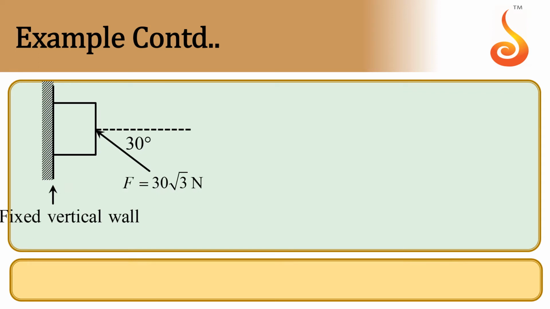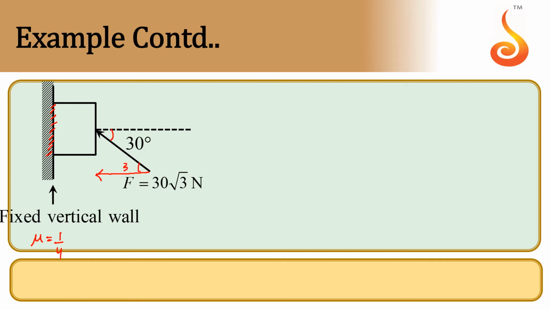So the μ value is given, which is 1/4, between the block and the surface. Since we are applying 30√3 at an angle of 30 degrees, we can divide the force into its components.